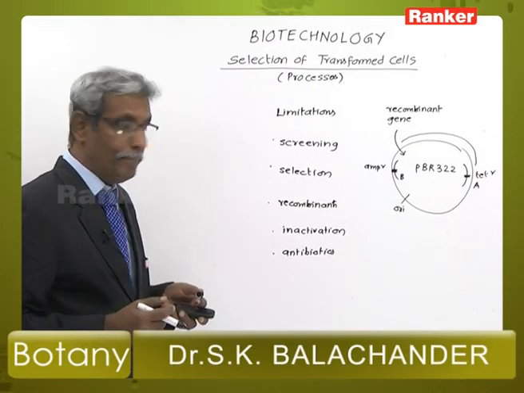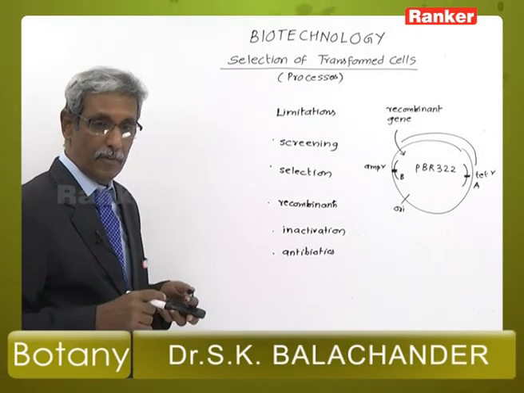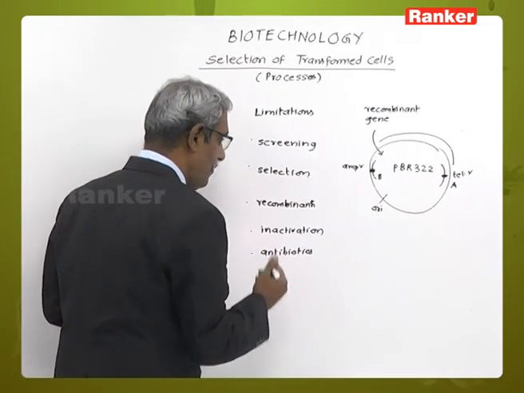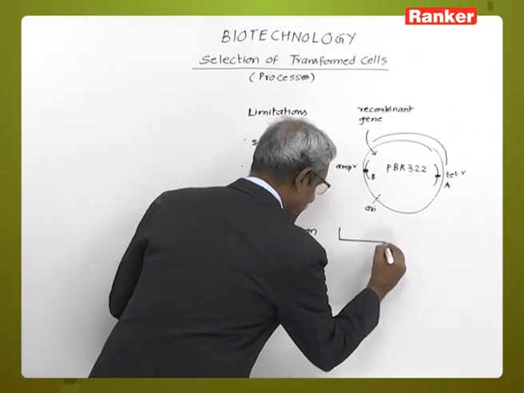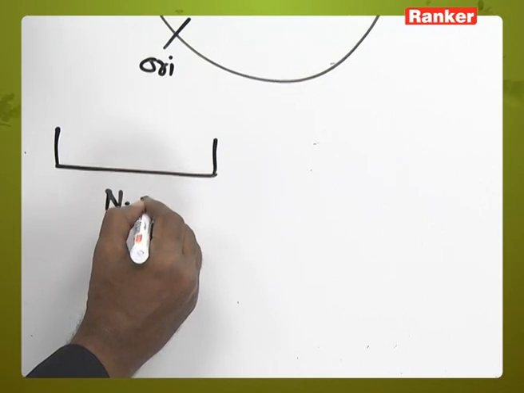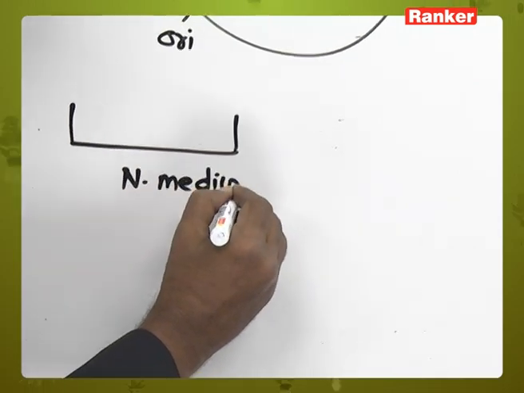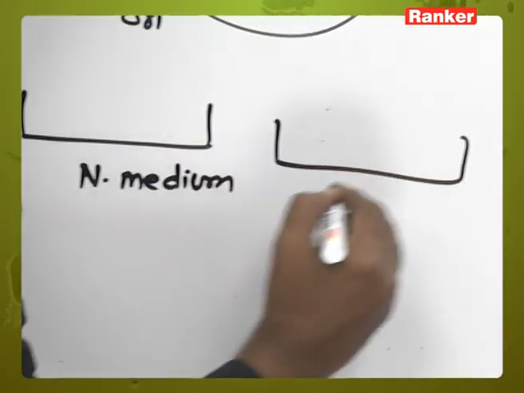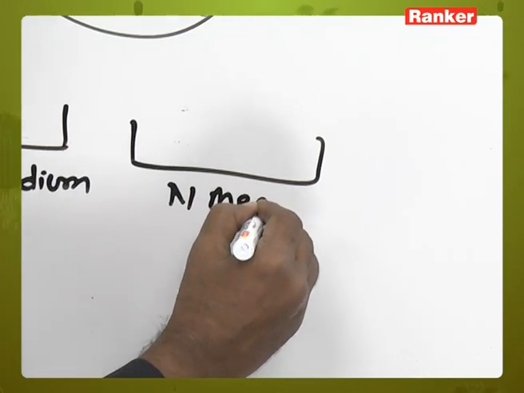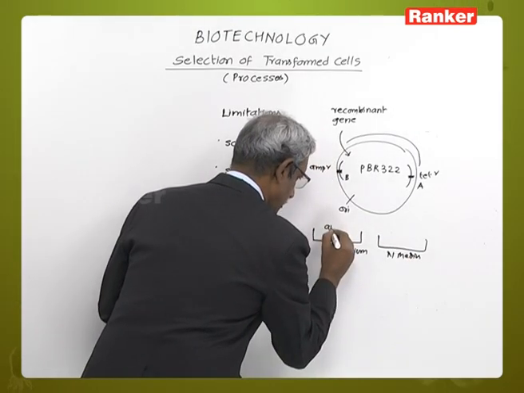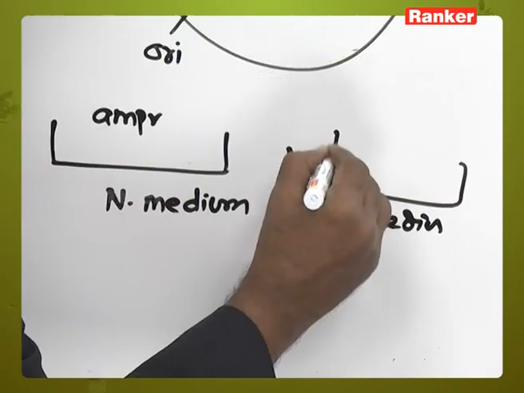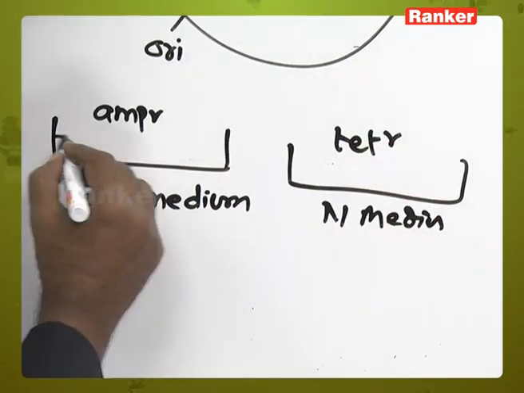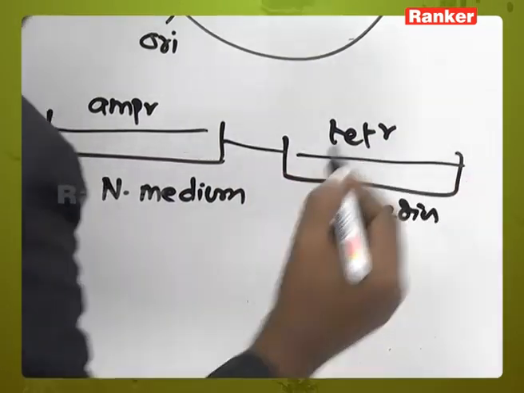So, every time you are trying to screen a gene of interest, you need to test the gene of interest on a nutrient medium which is either having AMPR, ampicillin resistant, or TETR, tetracycline resistant.